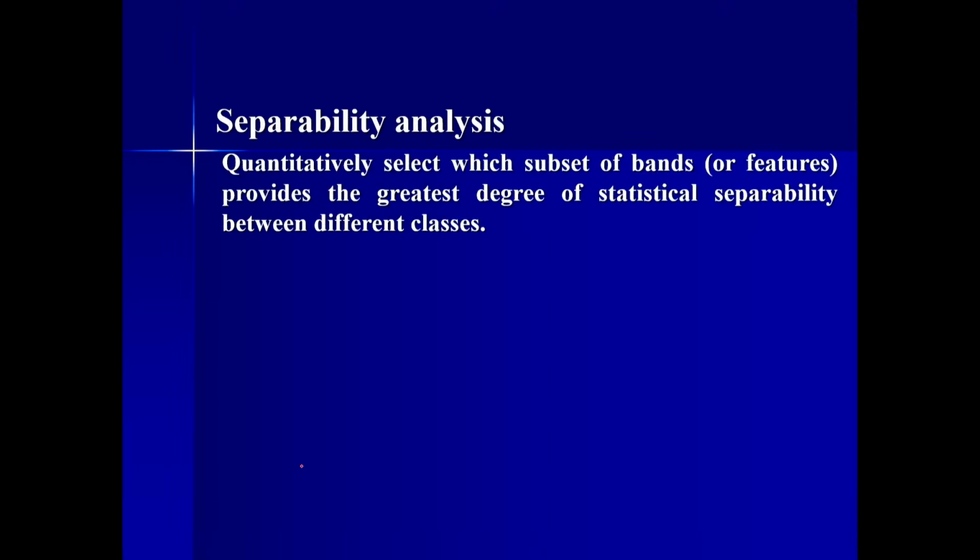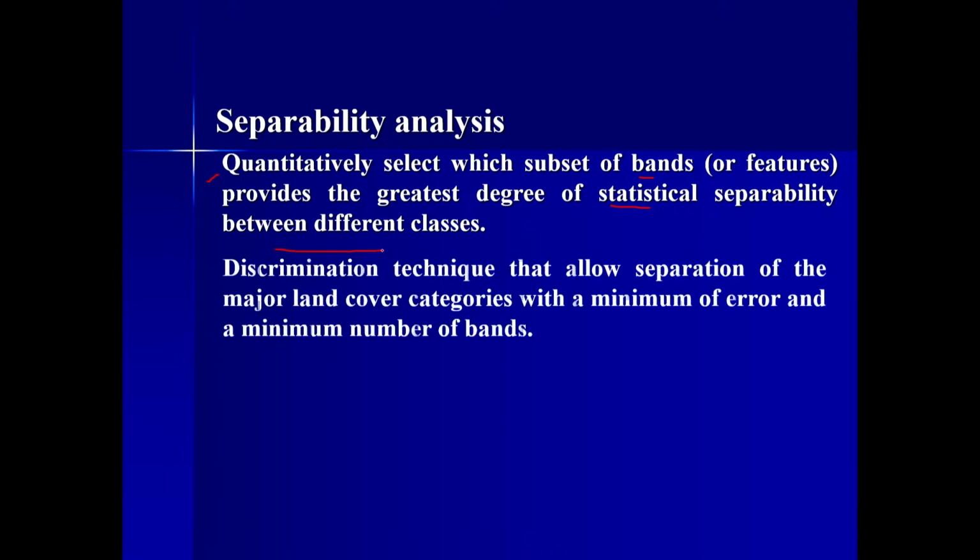Now coming to separability analysis, it is basically to quantitatively select which subset of bands to use. If you have 10 bands, out of 10 you may find that 6 bands are enough to map the given number of classes from the image. So here quantitatively we can select which subset of bands provides the greatest degree of statistical separability between different classes.